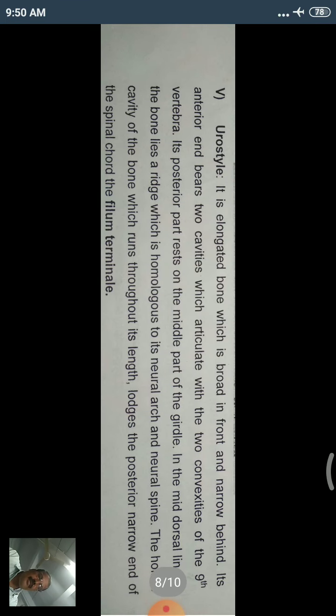Urostyle. It is an elongated bone which is broad in front and narrow behind. Its anterior end bears two cavities which articulate with the two convexities of the ninth vertebra. Its posterior part rests on the middle part of the girdle.